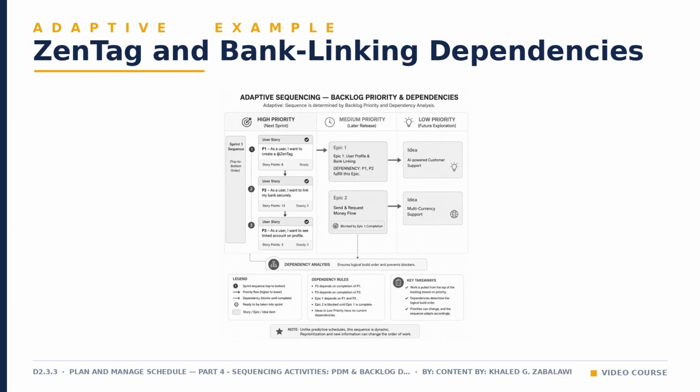One level up, in medium priority, sits Epic 1, user profile and bank linking, which depends on those 2 stories being completed. Next to it sits Epic 2, send and request money flow, and it is explicitly blocked by Epic 1's completion. Meanwhile, low-priority ideas like AI-powered support and multi-currency support sit untouched, with no current dependencies at all.